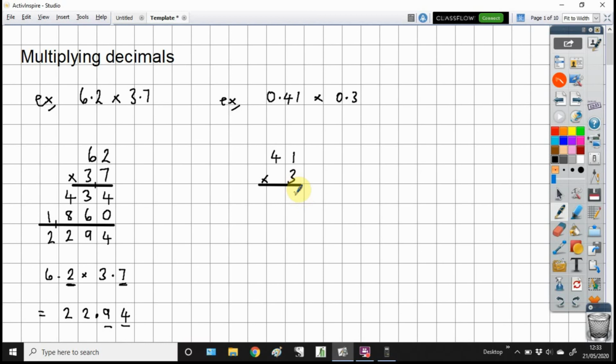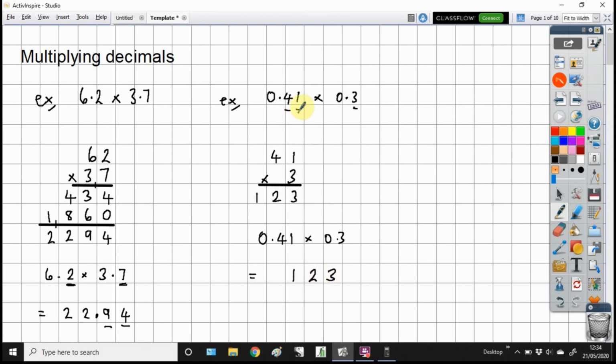And so we've got 3 times 1 is 3. 3 times 4 is 12, 123, and so we have a total of 3 digits after the decimal points in the question. And so our answer to 0.41 multiplied by 0.3 is something involving the digits 1, 2, 3.